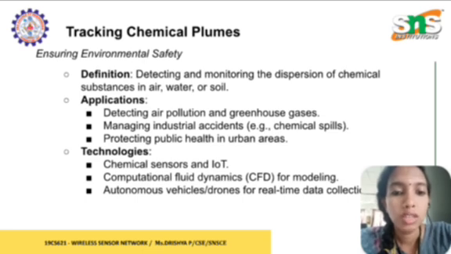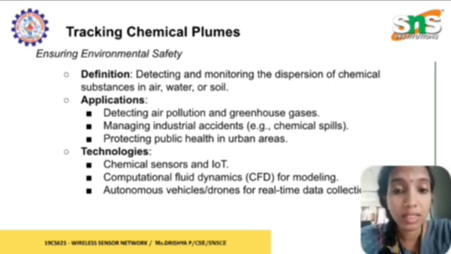Each is contaminated by the dispersion of different kinds of chemical substances. That is sensed by sensor tracking of the chemical plumes. The contaminant or dispersion of chemical substances is known as chemical plumes.